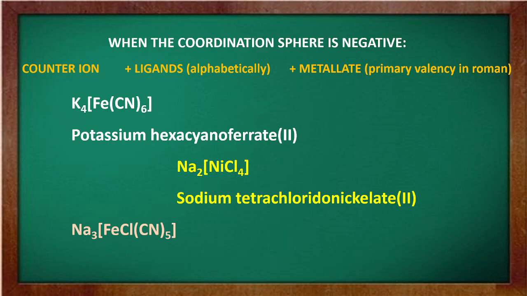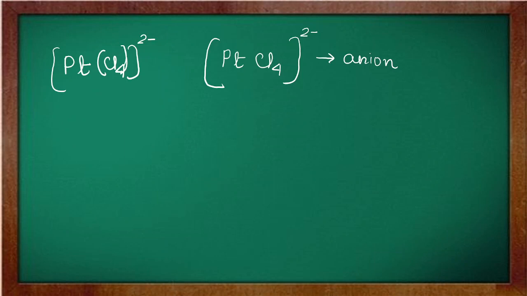Now in this case, you don't have any counter ions. So how to write the name for this? If you don't have the counter ion, you write directly with the ligand. How many ligands are present here? 4, and they are chlorine. The name for 4 chlorines was written as tetra, then chlorido.